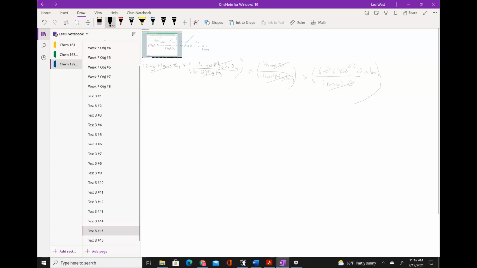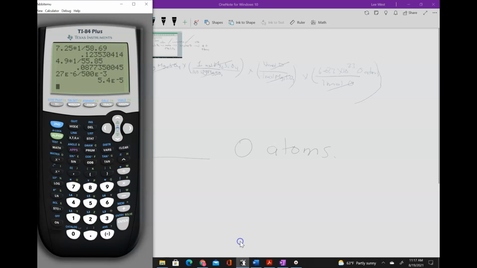There's only one thing left over, and that is oxygen atoms, which is what we want. So we've got 120 grams of the Phosterite, which is a little less than 1 mole. So we would expect to get a little more than 4 moles of oxygen atoms. So it's going to be a number that's about 4 times bigger than Avogadro's number when I do this.